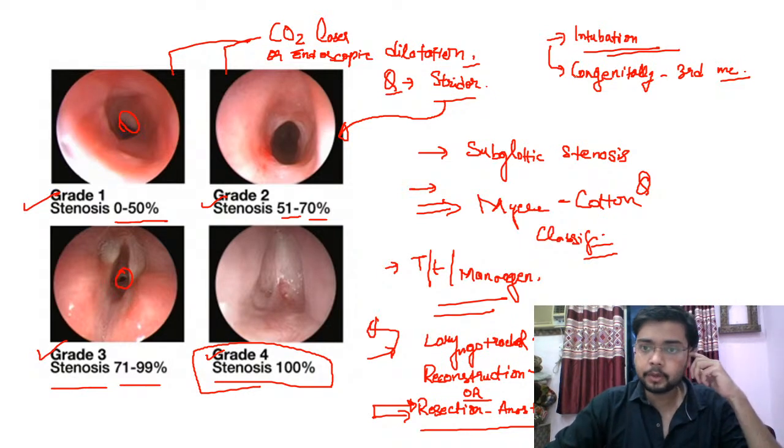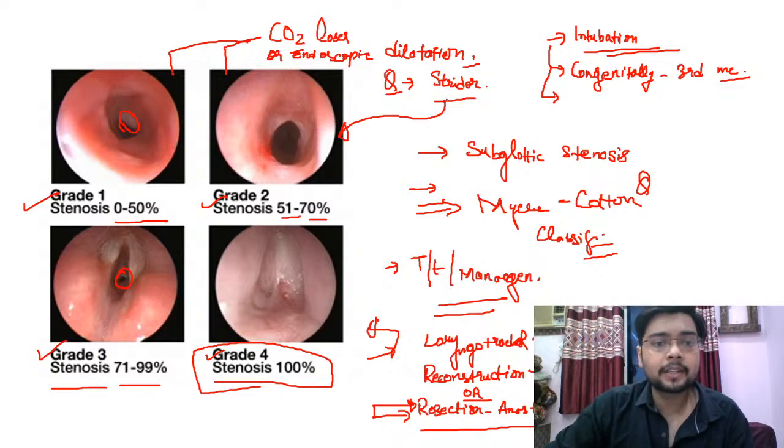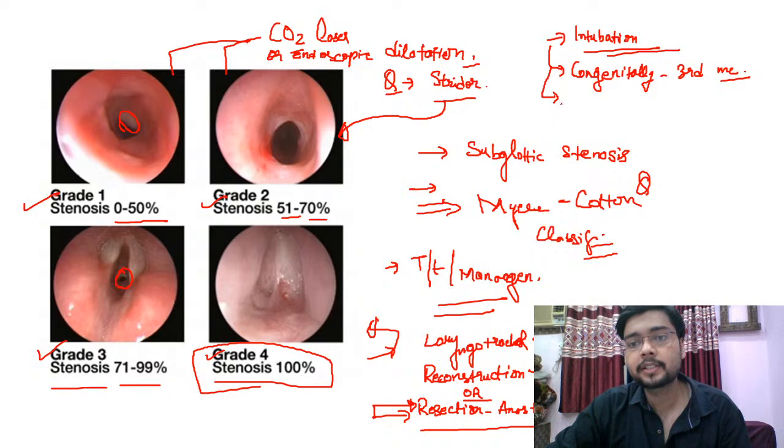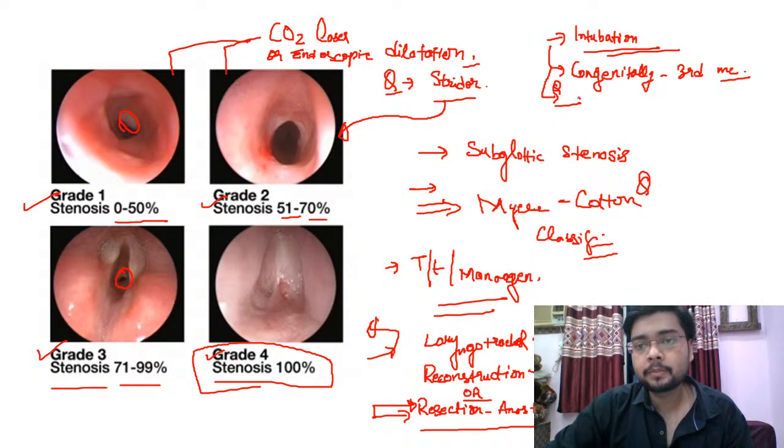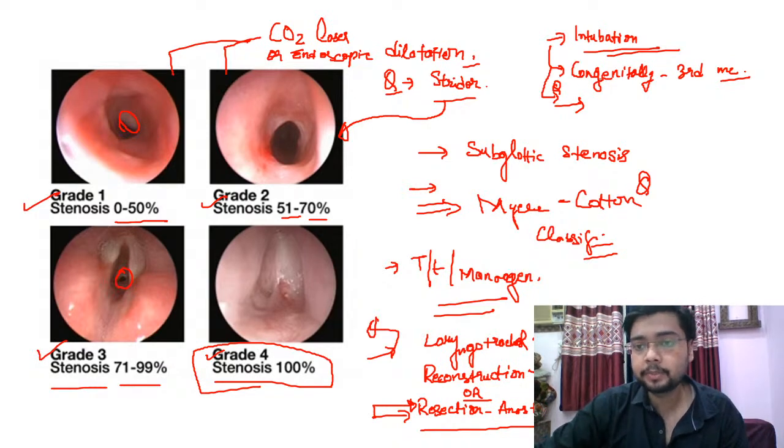So these were some important points. When you are going to say that this stenosis is present in the subglottis, there are some dimensions they can ask you in the exam, for adults and for the pediatric population, basically neonates and infants.